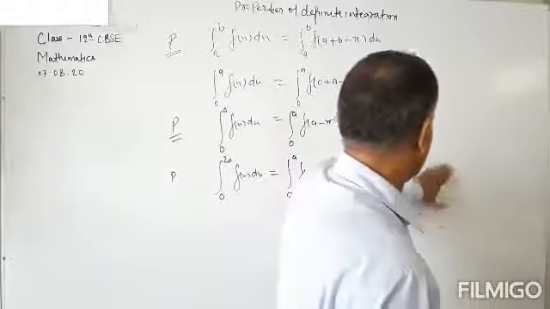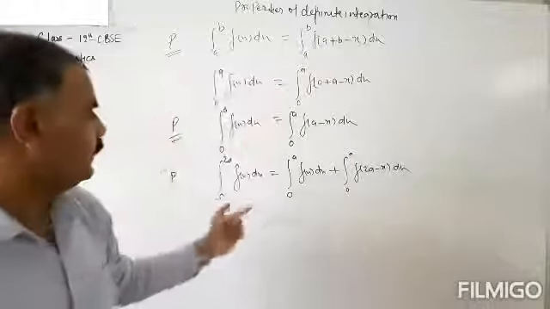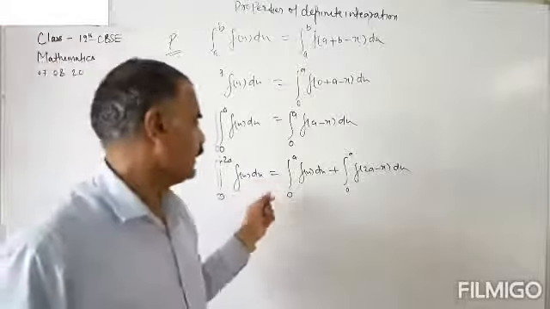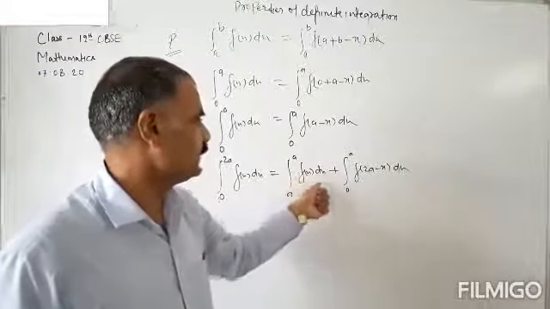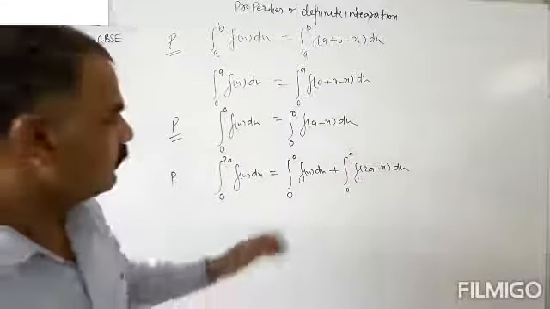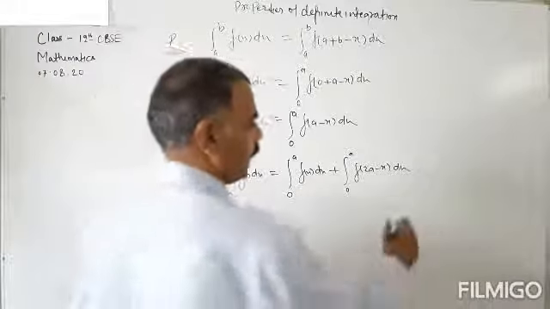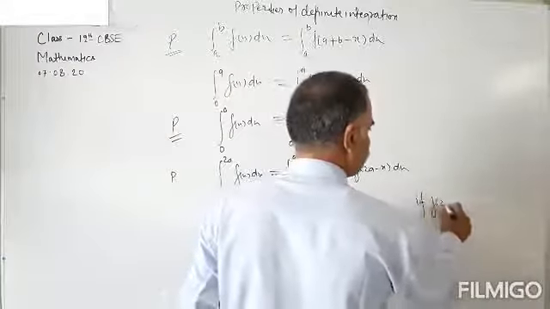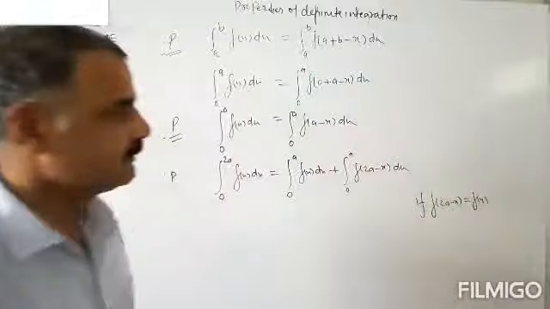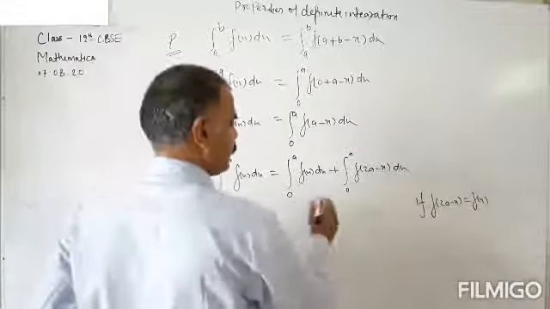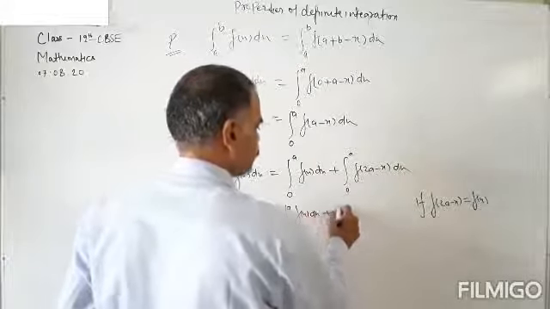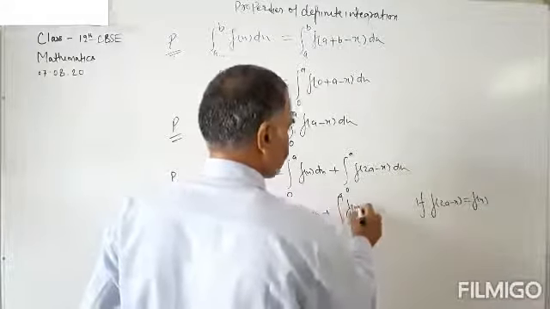This can further be written as, if f(2a - x) is equal to f(x), then this is equal to integral 0 to a f(x) dx plus integral 0 to a f(x) dx.